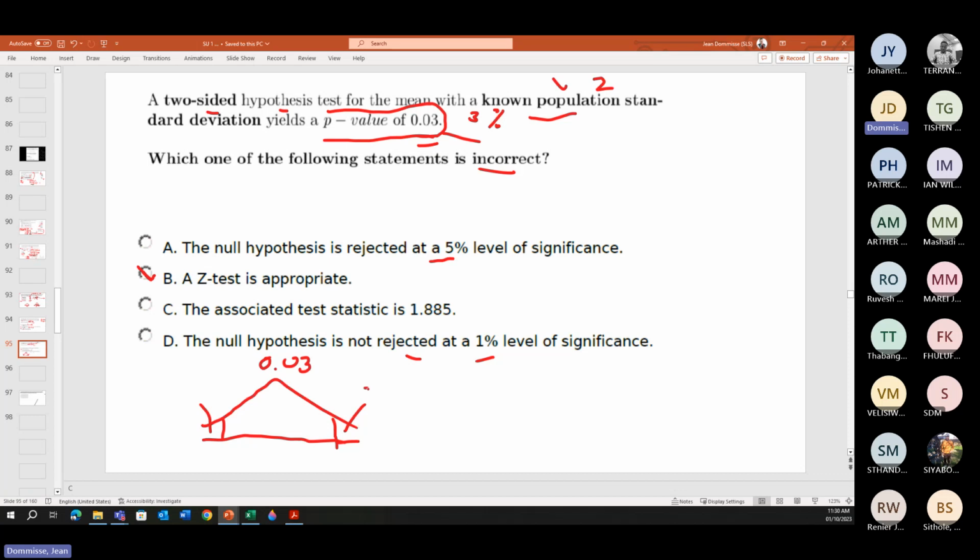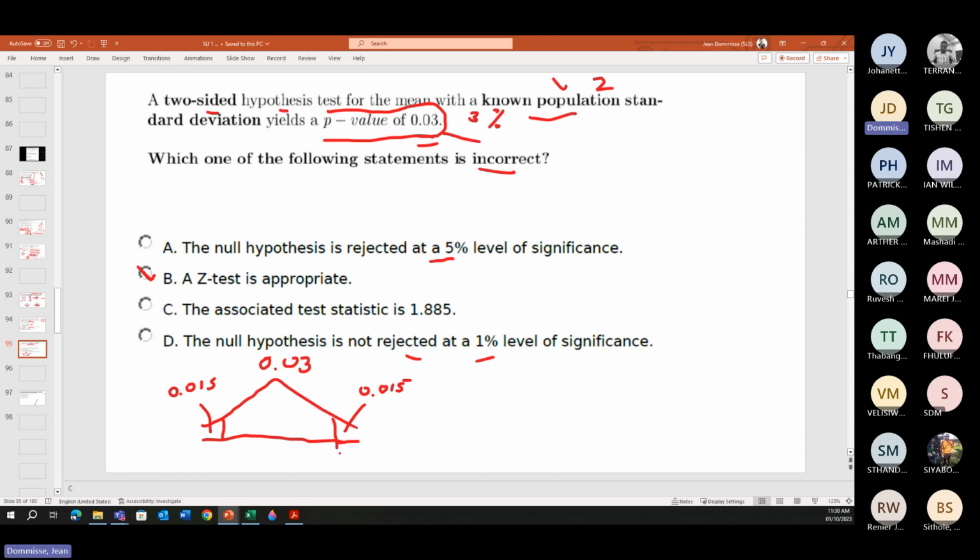So this side is 0.015 and this side is 0.015. That is definitely the catch in this question.